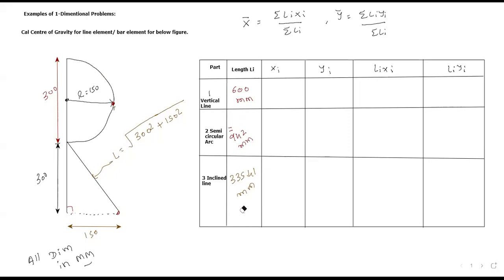Here pi r will come. So divided by 2 we have to do, right? Give me the correct answer here. Okay, no problem. 470. Okay, 471.23. Is it clear? Please confirm me. Is it clear to everyone now?